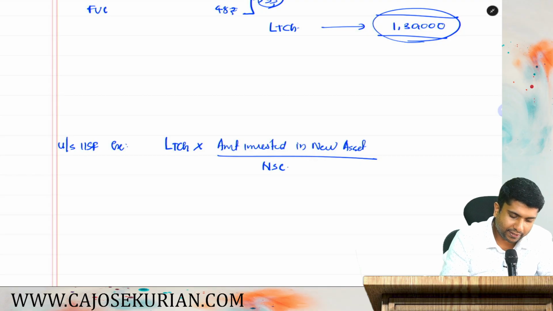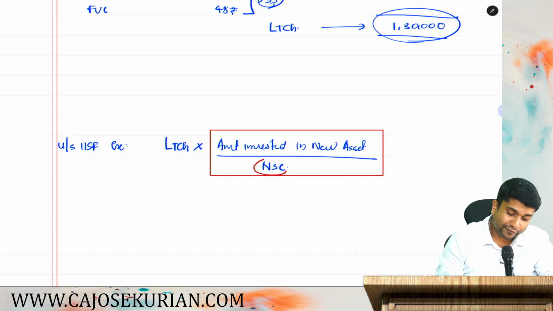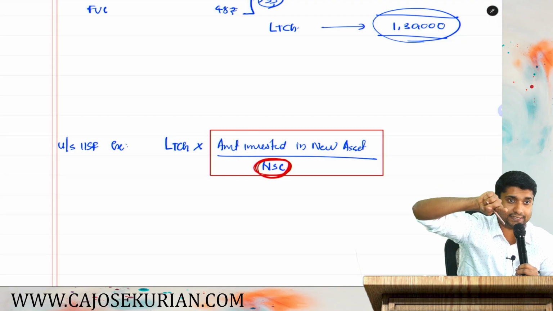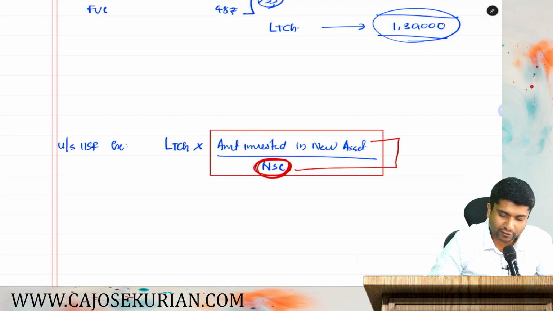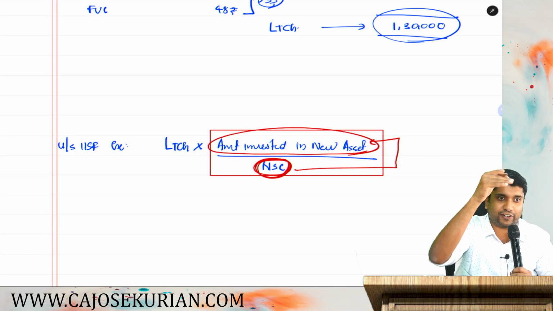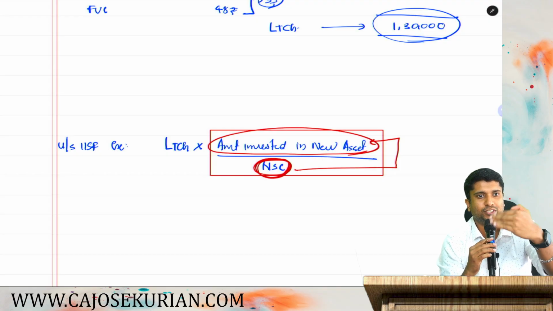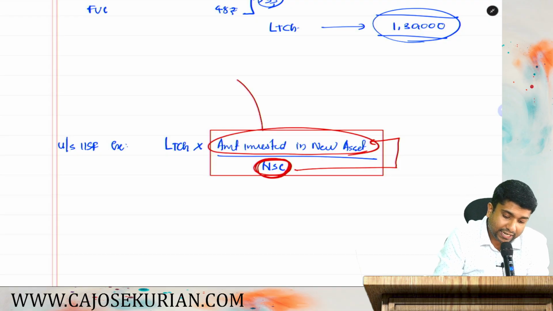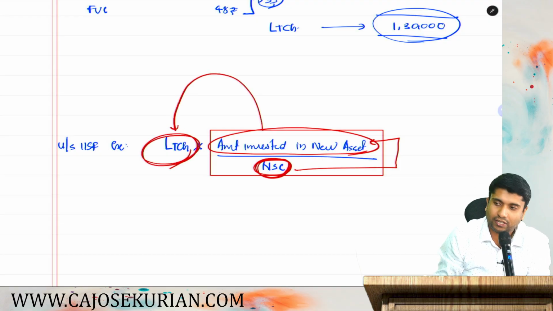Now for the time being, think only about this fraction of the formula. What do you mean by this fraction? Out of net sale consideration on sale of foreign exchange asset, how much have you invested in the new asset? That is the meaning of that fraction. Out of NSC, how much you are investing in the new specified asset. That percentage on long-term capital gain is your exemption.